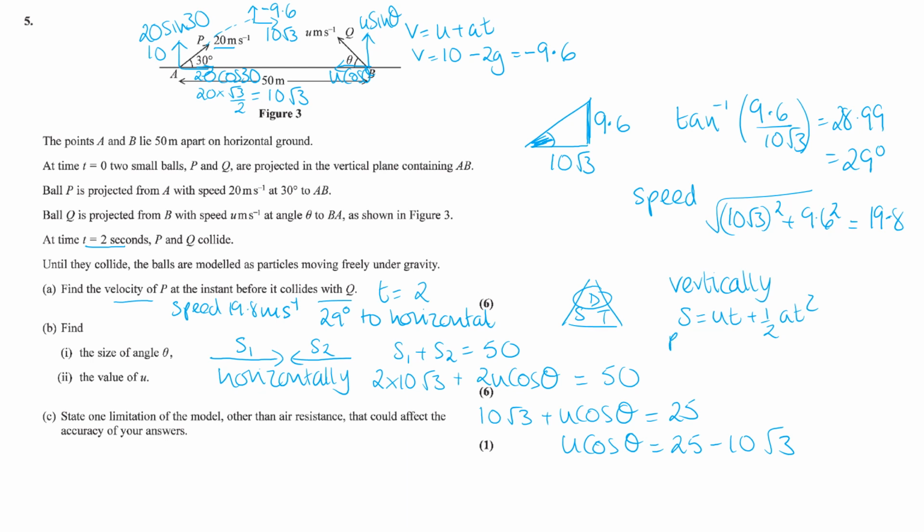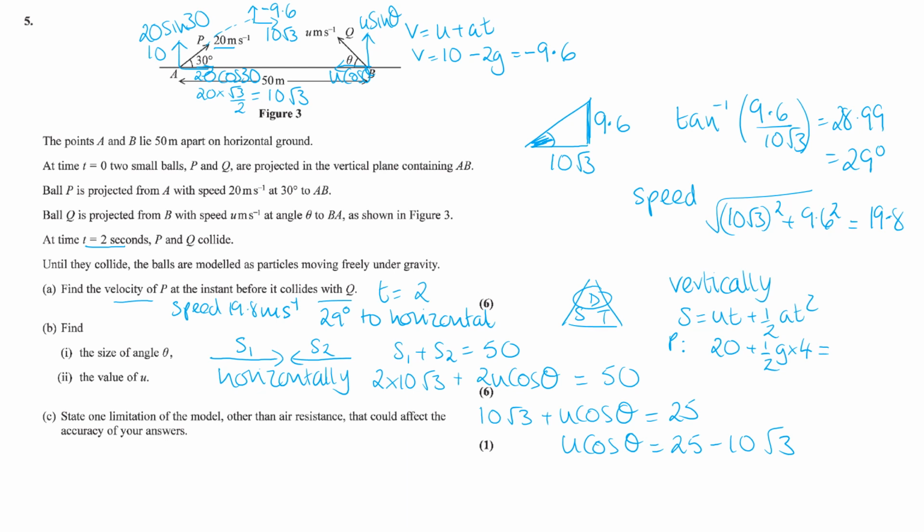So for P, we can say that it's going to be ut, so that's 10 times 2, so that's 20, plus half g times 4, and then the vertical component for P is going to equal the vertical component for Q.